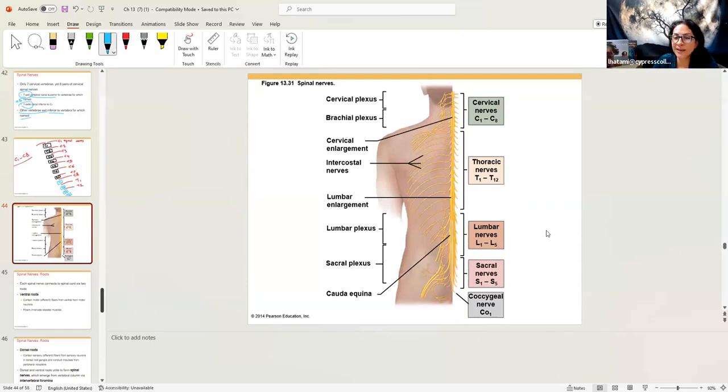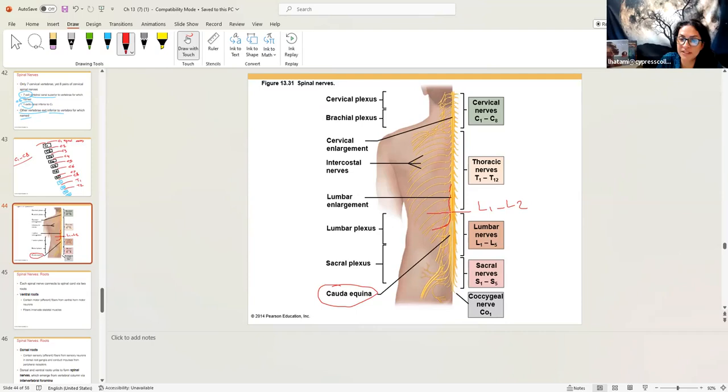Let's use this fact to know how the cauda equina is made. If you remember, the cauda equina is a collection of spinal nerves found within the vertebral canal after the spinal cord has ended. We know the spinal cord ends here at the level of L1 or L2, right? But we still have these spinal nerves because they look for their appropriate vertebra number to go out below the same number.